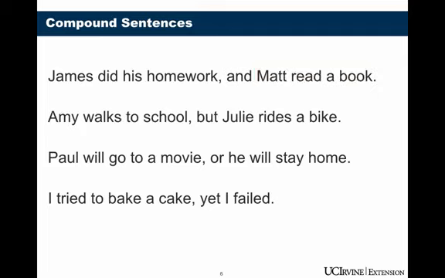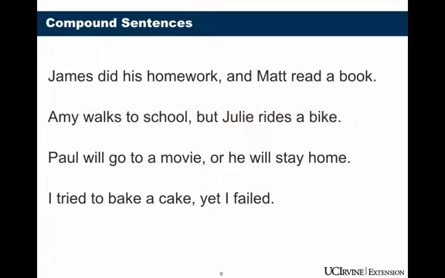That's why we need to put a comma in front of and. Look at the next one. After the conjunction, we have Julie rides a bike. If you're not sure if that's a complete sentence, take it by itself and find the subject and verb. Julie is the subject, rides is the verb. So that is a complete sentence.